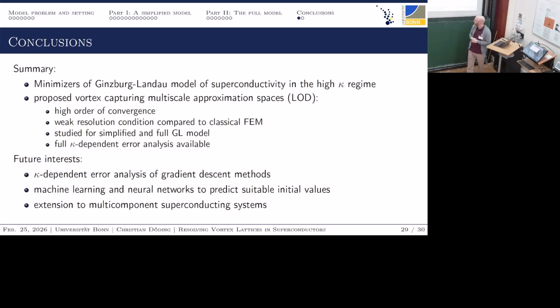One idea is to use some kind of machine learning or neural network approaches to get good guesses for the initial value. And then in the long run, there might also be an extension to multi-component superconductors, which also exist and are of interest in physics.